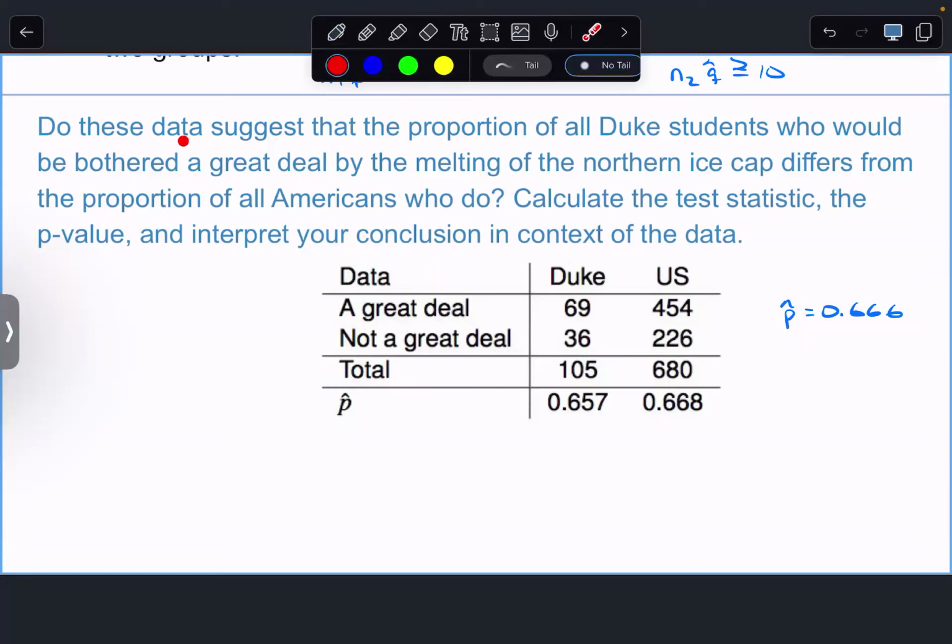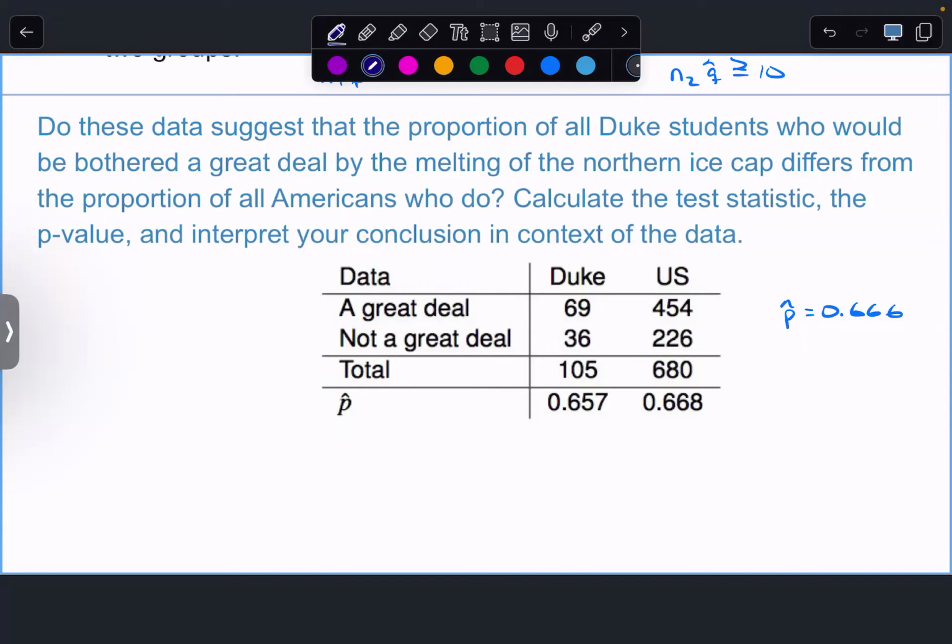Not as obvious to pick out a hypothesis test, right? Do these data suggest that the proportion of all Duke students who would be bothered a great deal by the melting of the northern ice cap differs from the proportion of all Americans who do? Helpful when it says calculate the test statistic, the p-value, and interpret the conclusion. That's a hypothesis test, right? And so we've already set up the null and alternative hypotheses, but I'll highlight it again here.